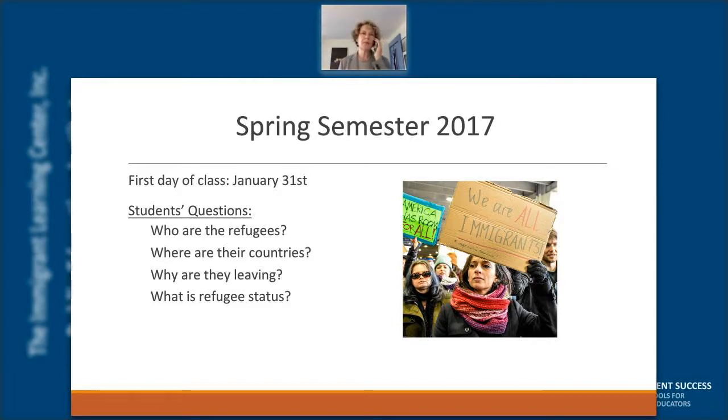I brought in an article about refugees and the travel ban from News ELA, which is a terrific website that gives various levels of readings, authentic readings, but at various reading levels. Their lowest level does not represent our lowest level, so I took the material and simplified it further.